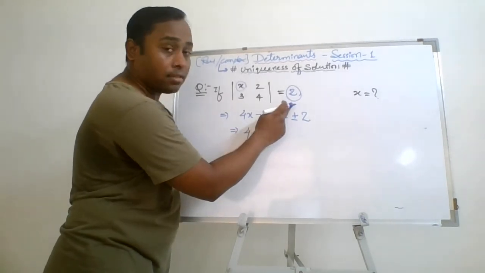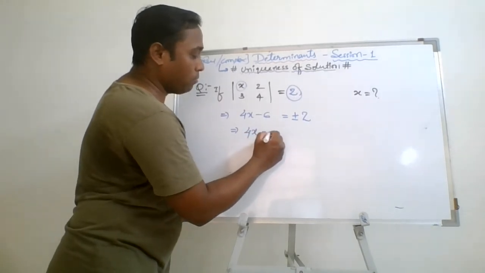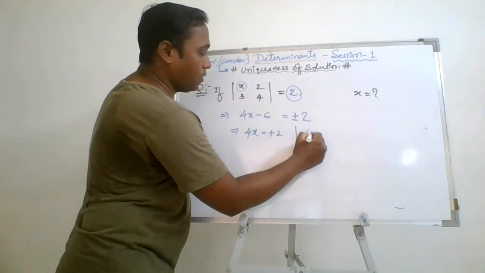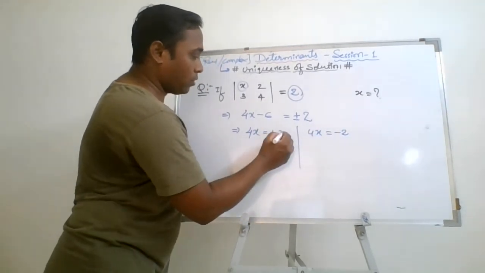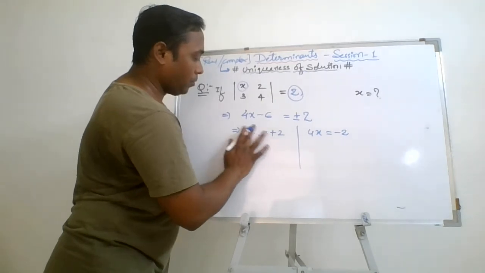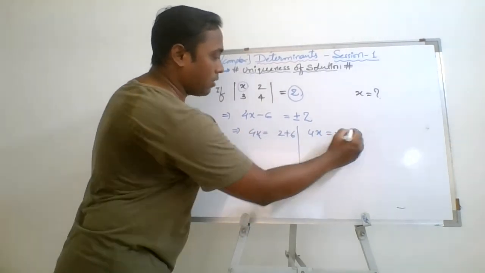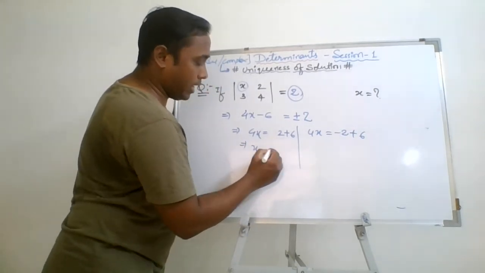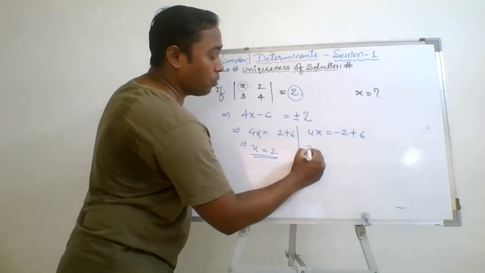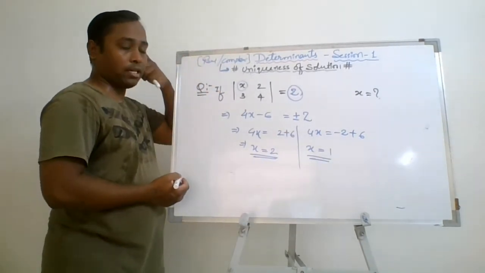So 4x is equal to 2 plus 6 and 4x is equal to minus 2 plus 6. So hence x would be equal to 8 by 4, which is 2, and 4 by 4, which is 1. So this is another question.